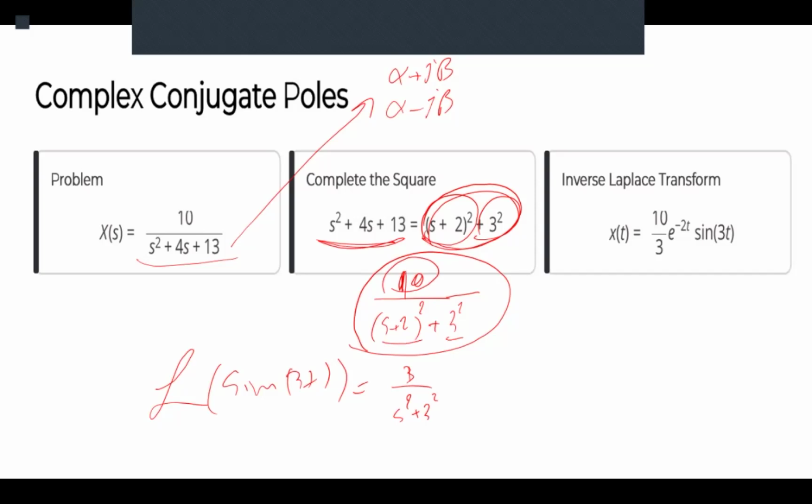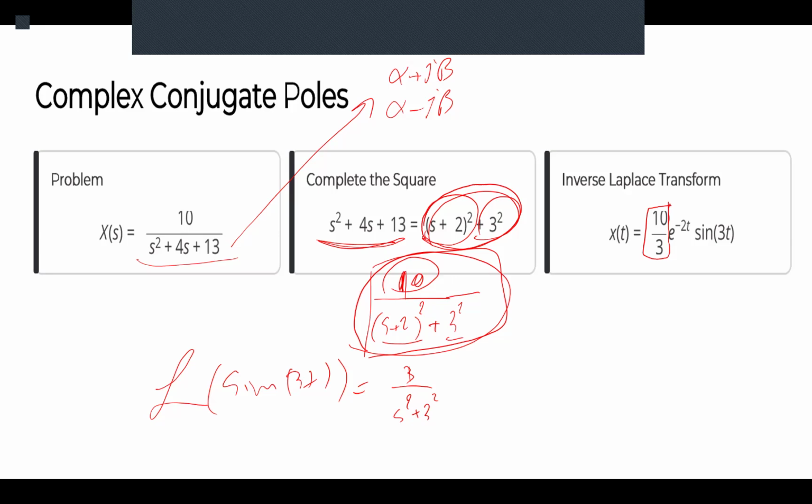And here we don't have s, it is s plus 2. Now we have to deal with it. To make it correct, we need to deal with that 10. So if we have the coefficient of 10 over 3, now our Laplace becomes 10 over s squared plus 3 squared instead of 3 over s squared plus 3 squared. Are we good so far? Any question about that?